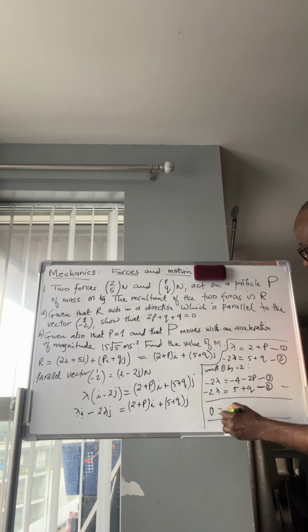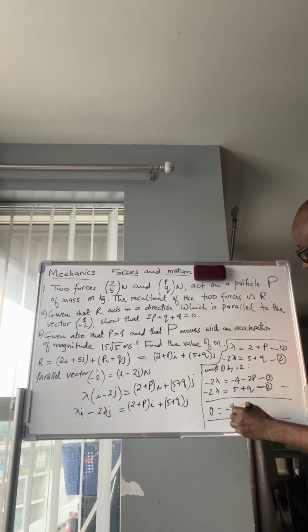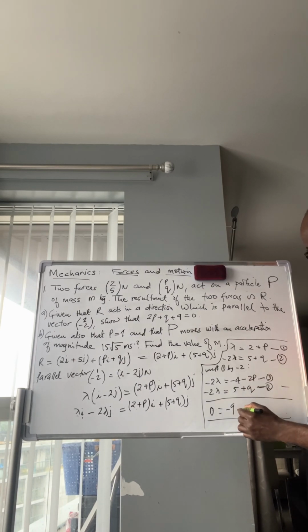So now I'm having here minus 4 minus 5. I'm getting here minus 9. And I'm getting here minus 2p minus q.